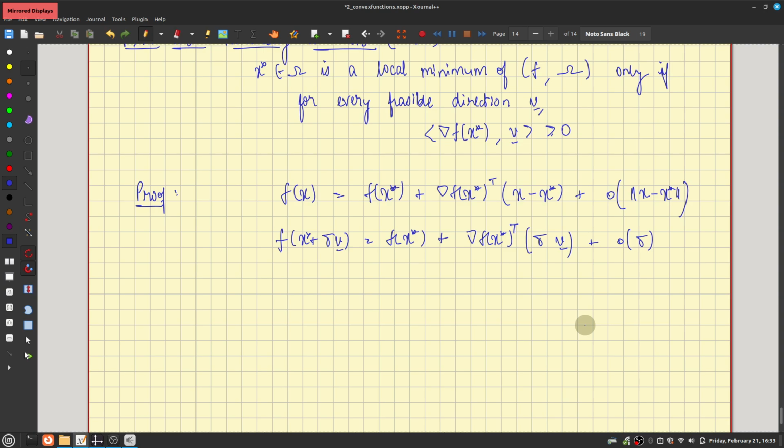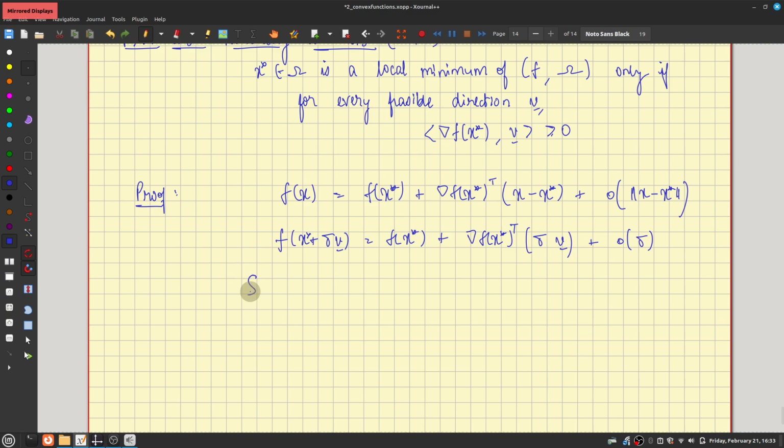Okay, now what is it that we want to show? We're given that x star is a local minimum. So let's go about trying to prove the contrapositive. If the gradient is negative along the feasible direction v, then it cannot be a local minimum. That's all we want to show.